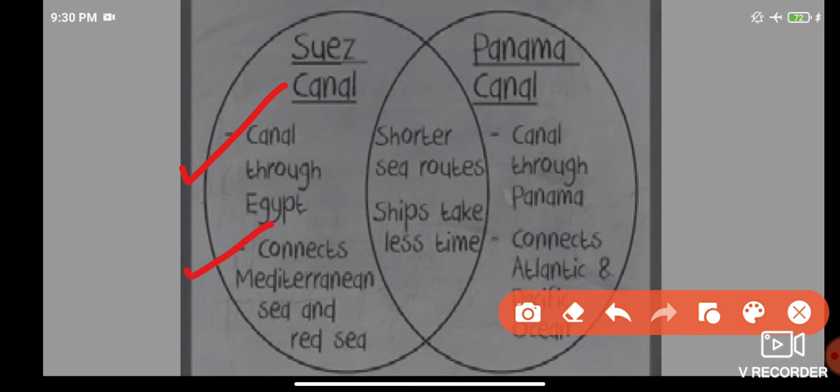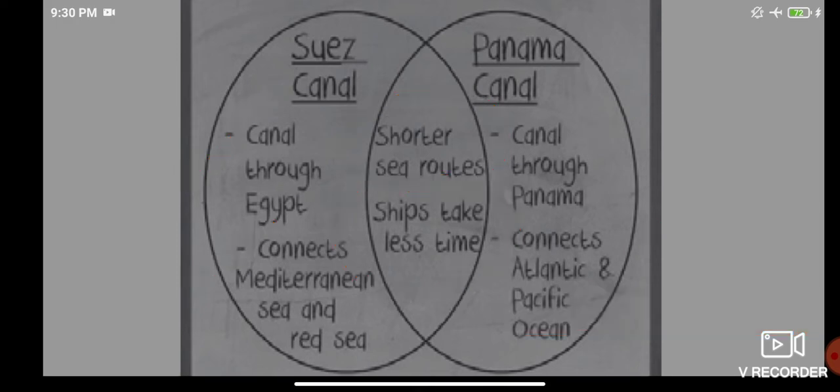Panama Canal passes through Panama and connects the Atlantic and Pacific Oceans. So they are both shorter sea routes, and ships take less time to travel. These are the canals or sea routes where ships usually take less time to reach the destination. Am I clear?